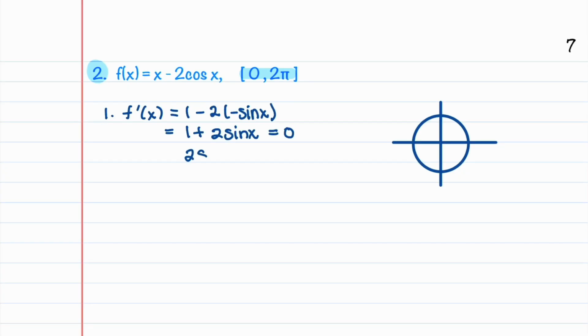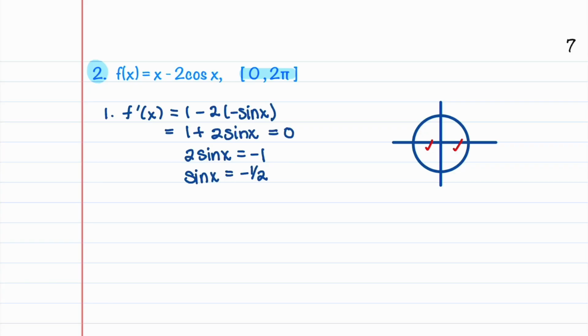So this is 2 sine x equals -1, and this gives us sine x equals -1/2. I went ahead over here on the right and drew a unit circle so that we can find the values of x where sine is equal to -1/2. Sine of x is going to be negative in this quadrant and in this quadrant.